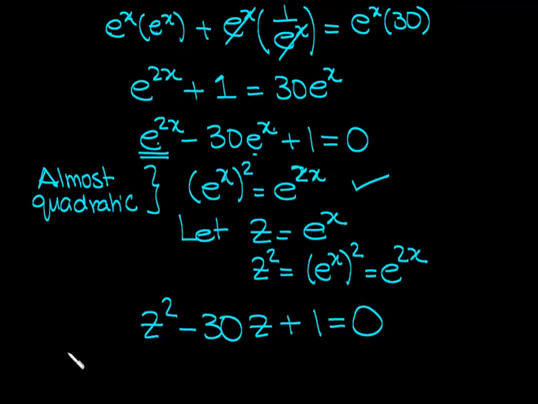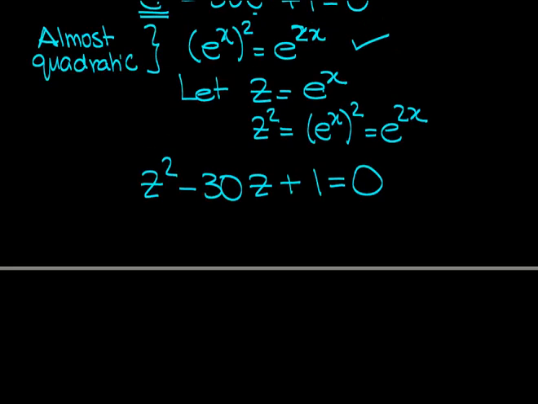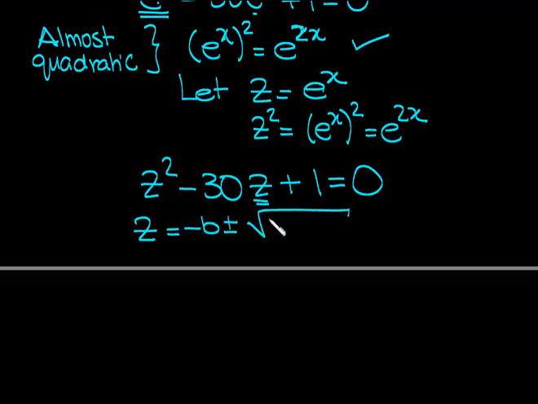The next thing we want to do is what? We want to solve this quadratic, and it cannot be factored, so we'll have to use the quadratic formula. So we're solving for z, so we get z is equal to minus b plus or minus the square root of b squared minus 4ac over 2a.